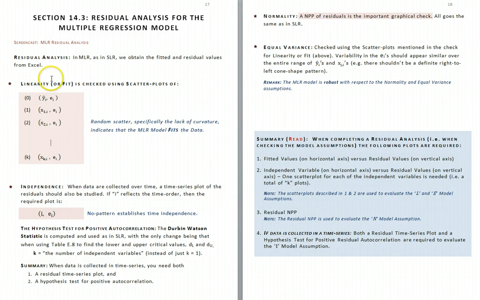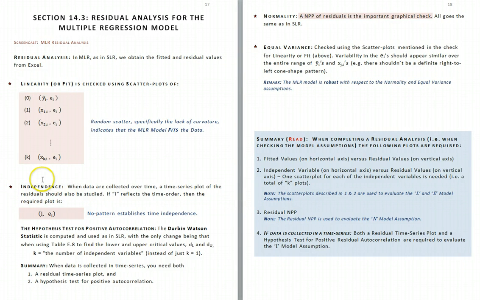The scatterplots required to check the linearity model assumption are the fitted values versus the residual values, the values of the first independent variable versus the residual values, the values of the second independent variable versus the residuals, all the way down to the values of the kth independent variable versus the residuals. If all of these scatterplots appear as random scatter without significant curvature, then the linearity assumption is satisfied.